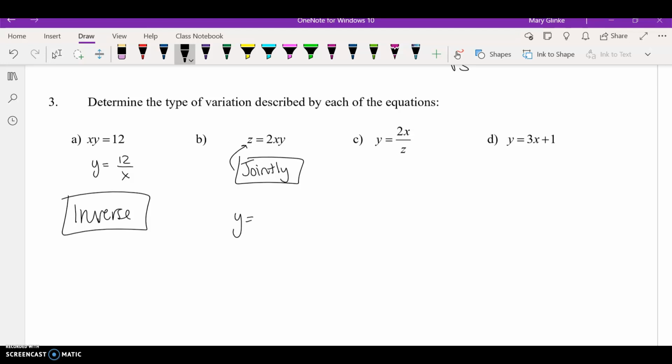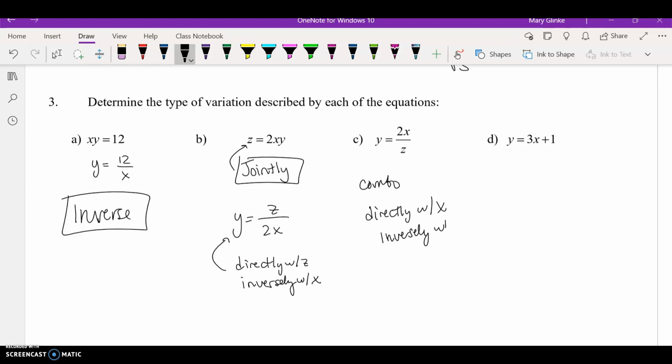If you're someone who solves for y and puts z over 2x, your constant of variation could be 1/2, and so it would be directly with z and inversely with x if you're using y as your perspective, which is what's happening here for C. So this is actually the combo here. This is directly with x and inversely with z.